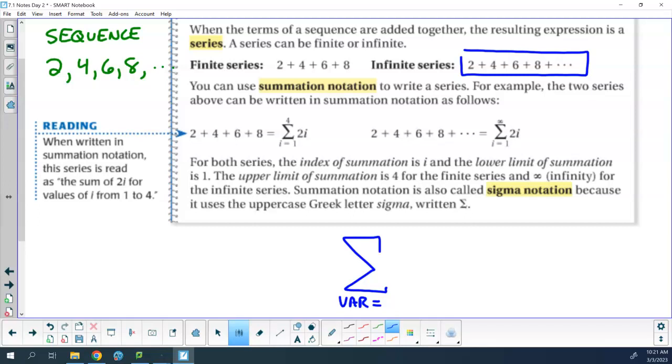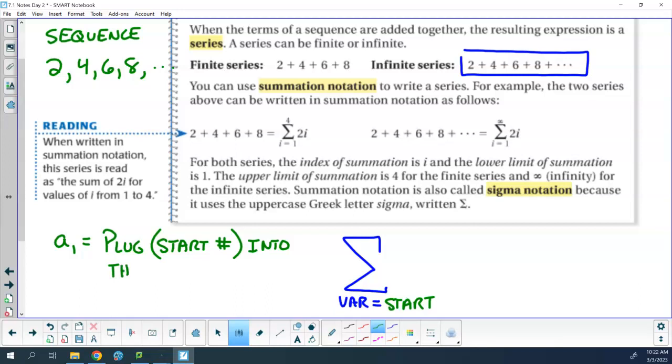And then this number down here is going to be your starting number. Why that's important is the first term is going to be you plugging the start number into the rule.